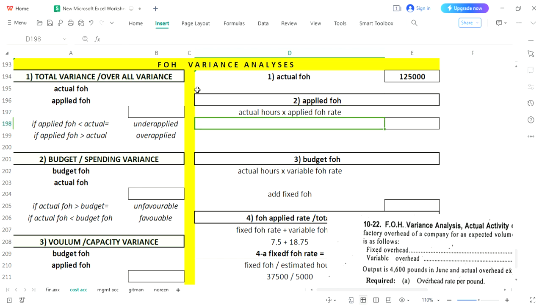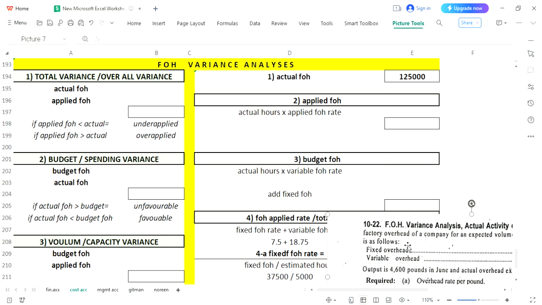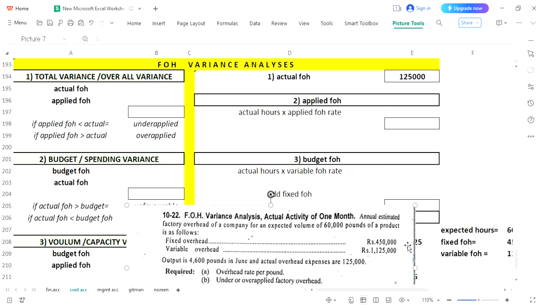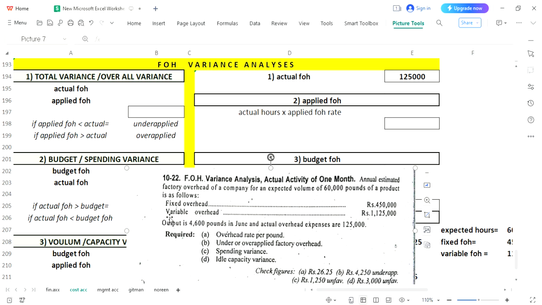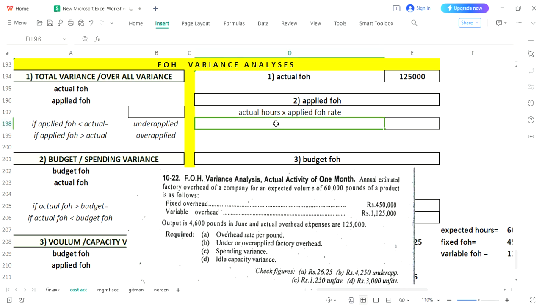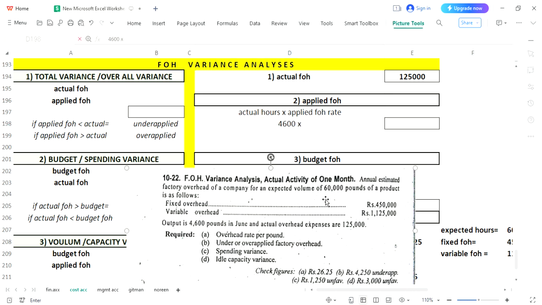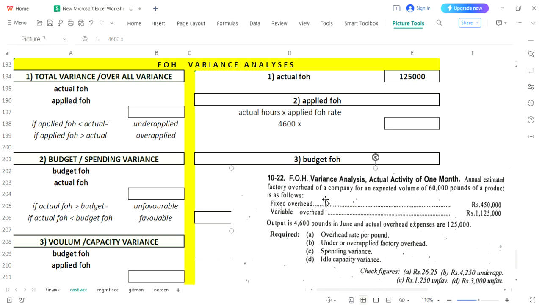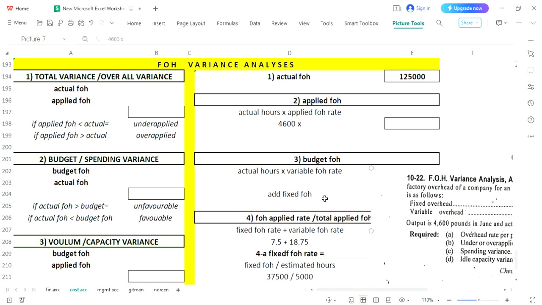Okay, we now have applied FH, which would be calculated by multiplying actual hours. Actual hours are given in the question. You can see over here output is 4600 and actual is this. So 4600 actual hours, and you need to multiply it with the applied FH rate, which has also been calculated.